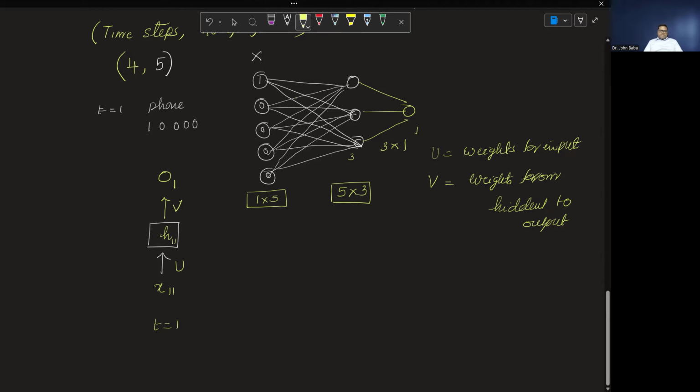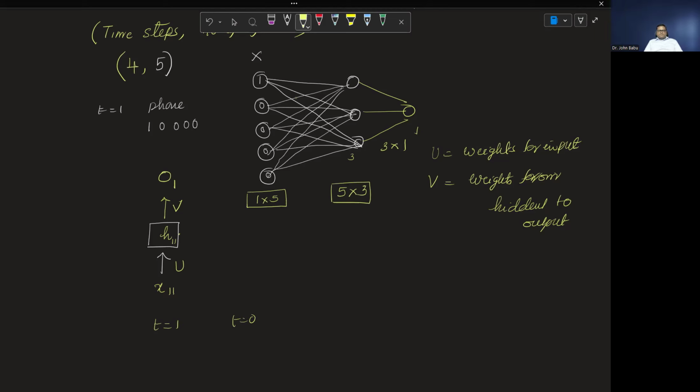But the speciality of RNN is once you calculate H1, that H1 is sent to the next time step when t is equal to 2.